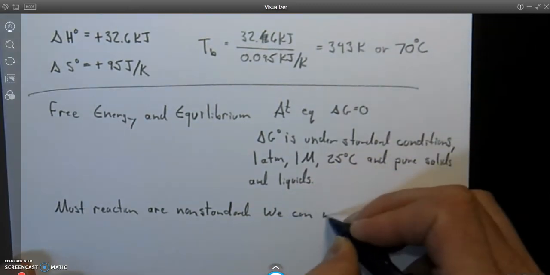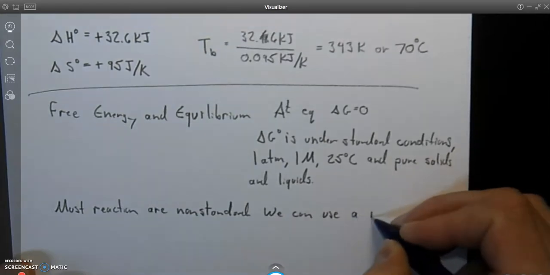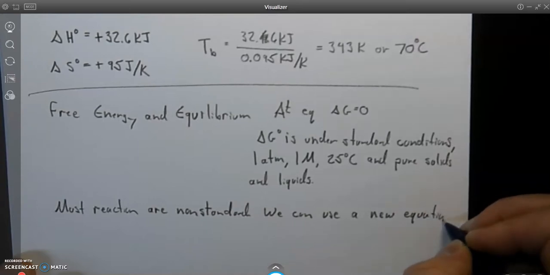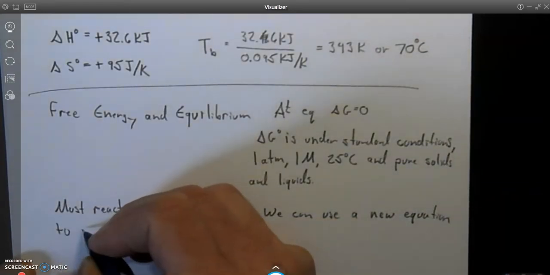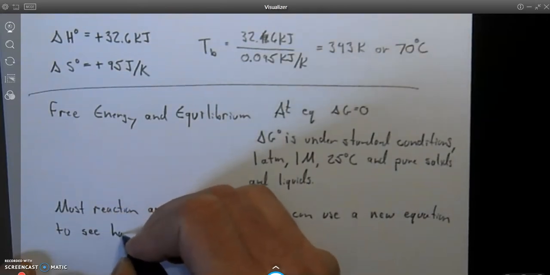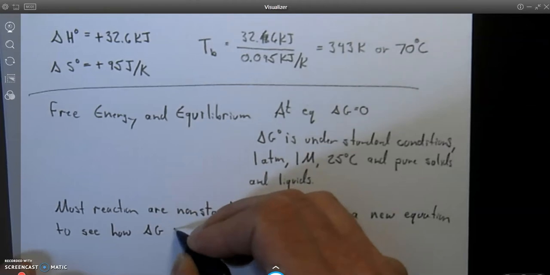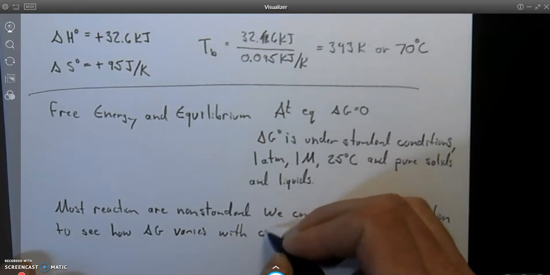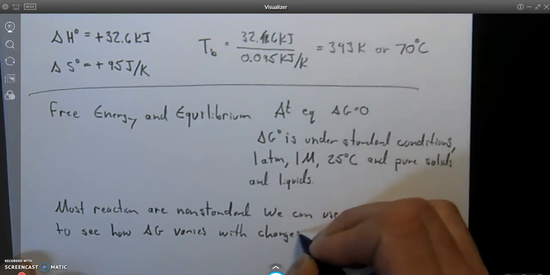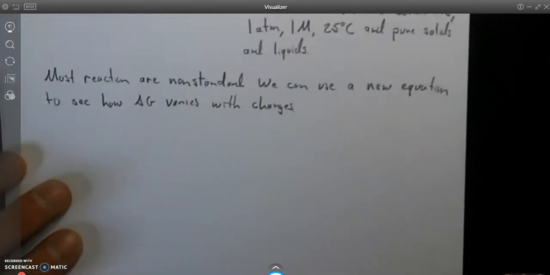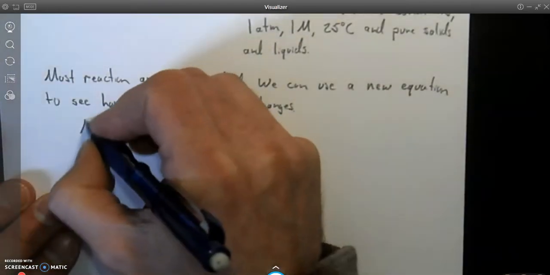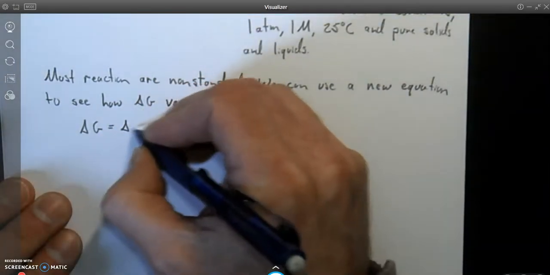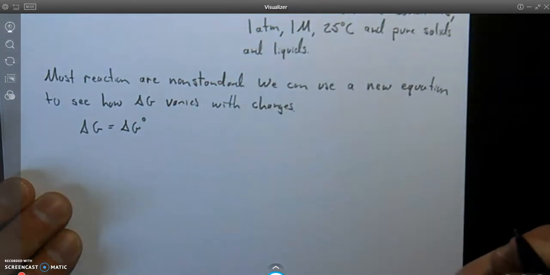We can use a new equation to see how delta G varies with these changes from non-standard. And that equation is delta G under non-standard conditions. This is where it gets a little wonky. Delta G standard. So how does it change?